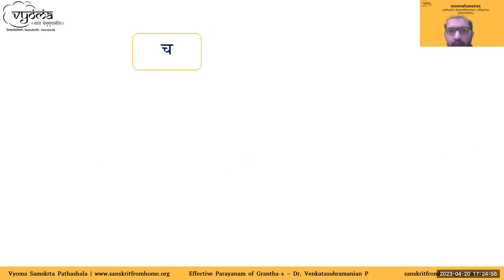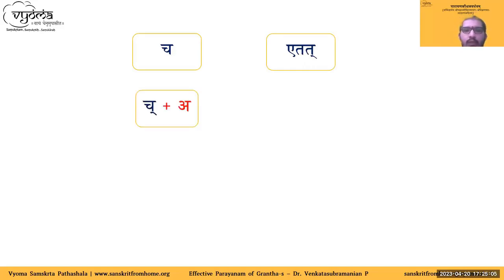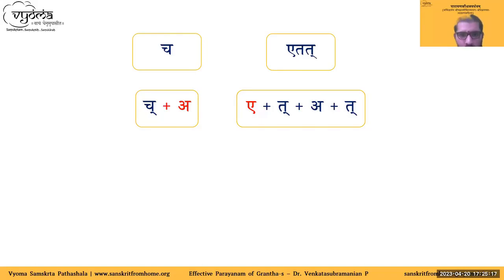Let's see an example. So we saw chaitat in the first shloka. So if we split it, it is cha etat. If we split the letters in these words, it is ch a, and on the right hand side we have e, t, a, t. So here on the left hand side we see the letter a.